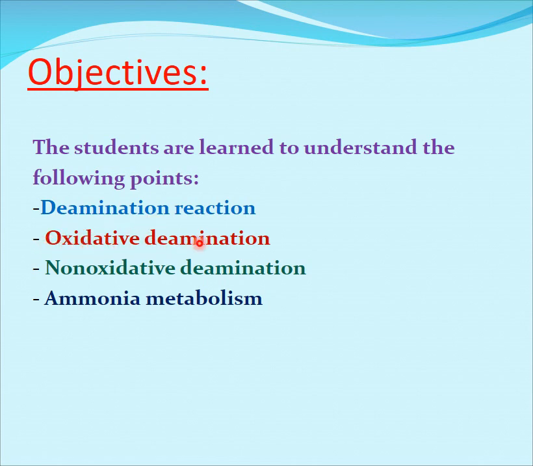From its name we know that it requires the presence of oxygen, so it only functions in aerobic conditions. And the non-oxidative deamination does not require the presence of oxygen. The oxidative deamination is the most important one, and we all should know it. Non-oxidative deamination, it is better not to know, but it is not very important.